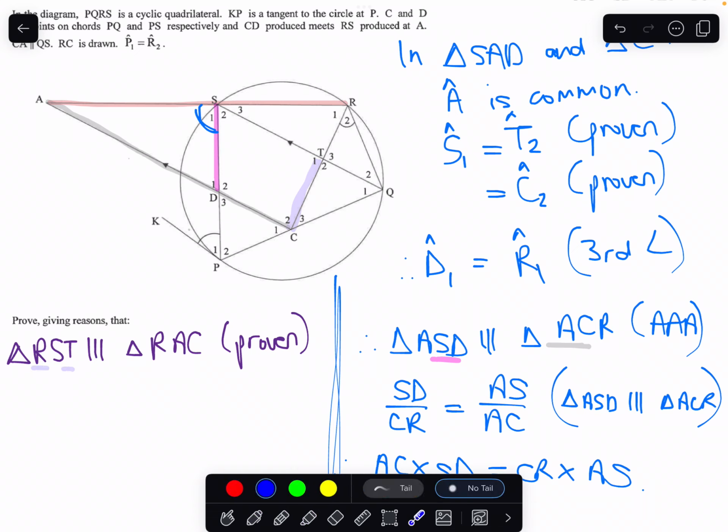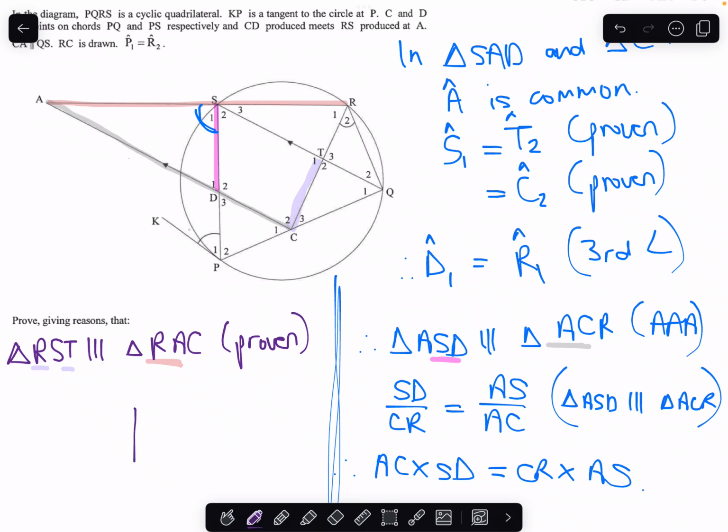Okay, and then something about this side, AR. Okay, so we're going to say first and last, and then the first two.